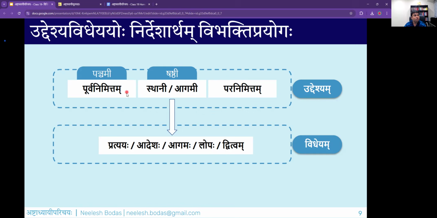I'll use panchami to indicate the purvanimitta. I will use saptami to indicate the paranimitta. I will use prathama to indicate the vidheya, adesha, agama, lopa, and so on.